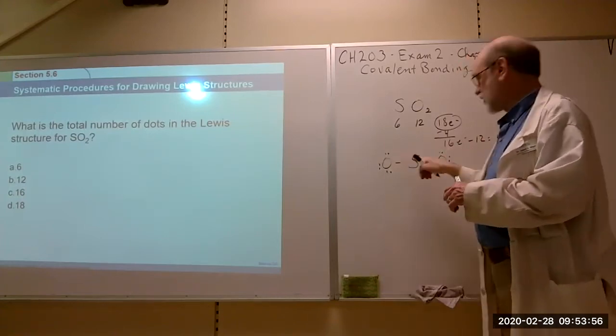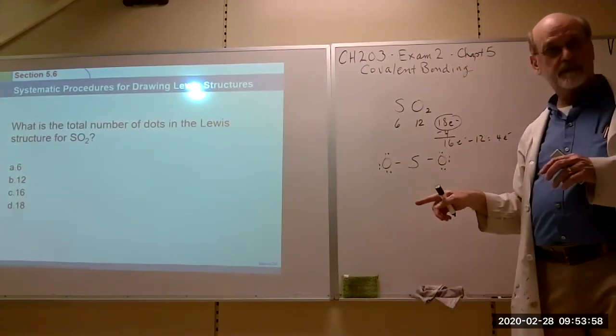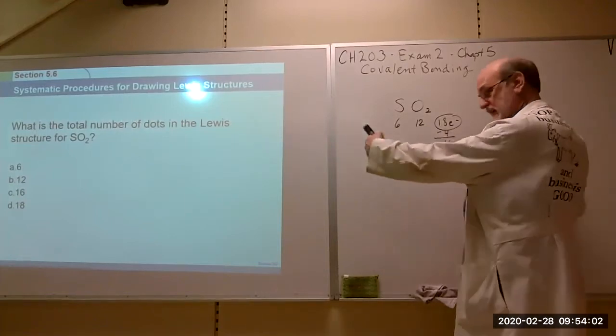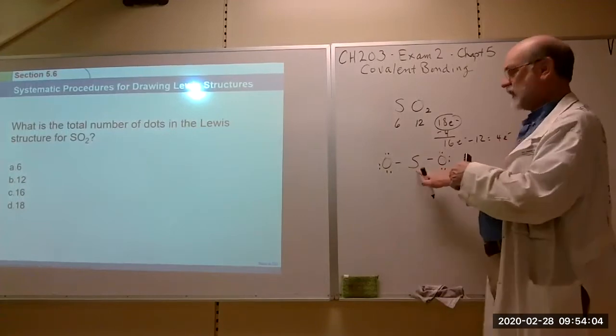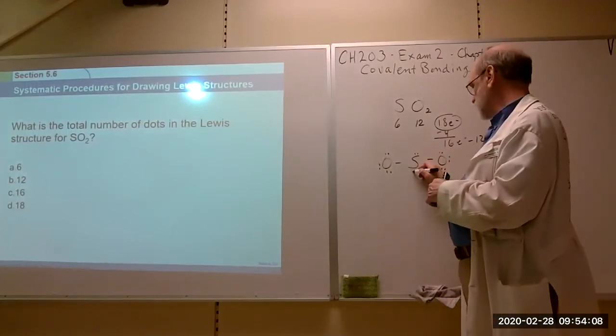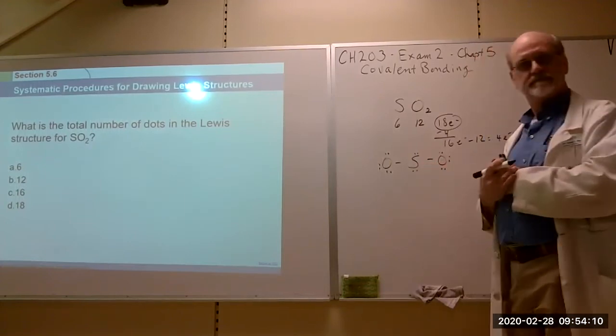And oxygen's got an octet already. Okay? But sulfur doesn't. Since oxygen's full and we're working our way in, these other 4 need to go on that sulfur.